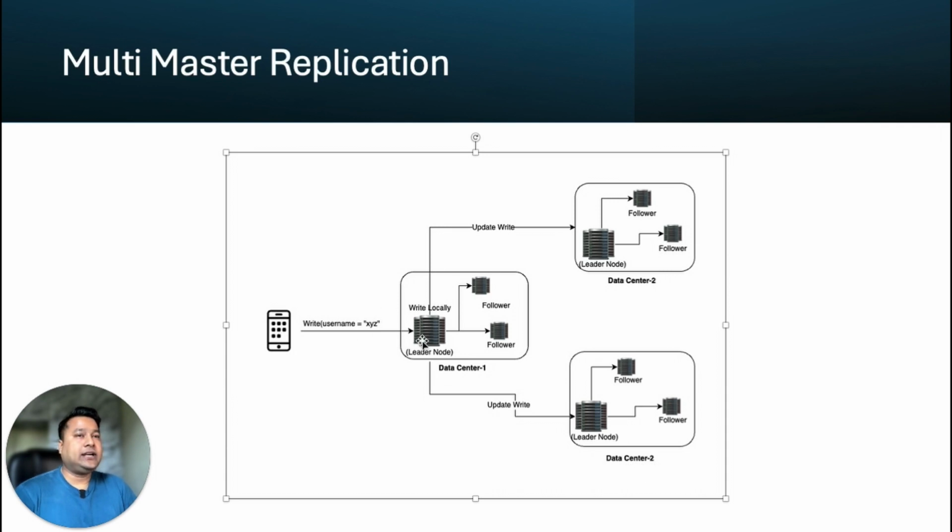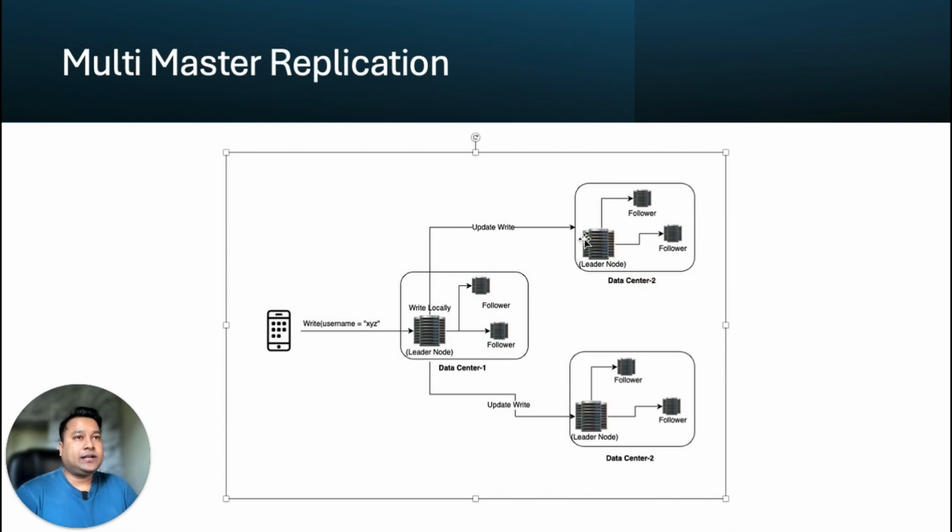So the data center 1 leader first updates its followers and also propagates the change to the leaders of data center 2 and data center 3. These bigger nodes are the same size as the others, but I made them bigger in the diagram to indicate the leaders.